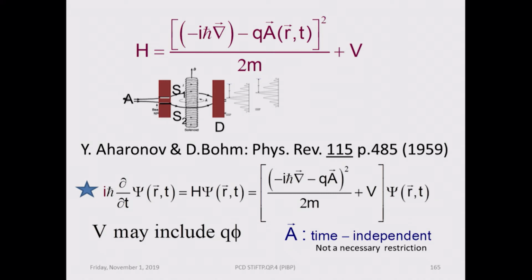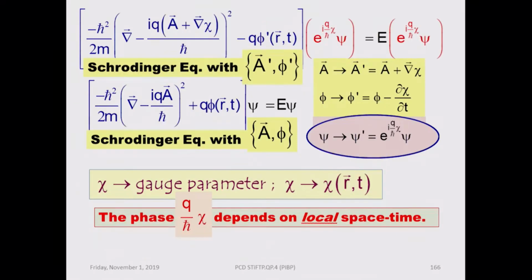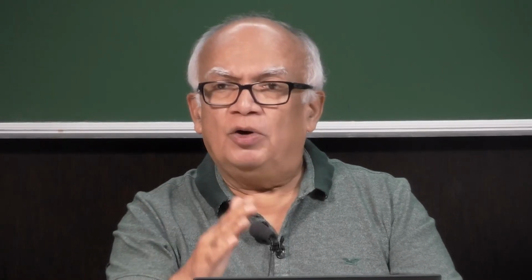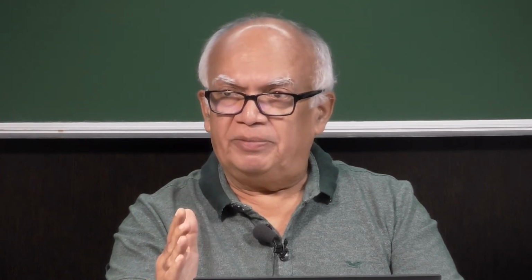You could begin with a vacuum, but if it is not vacuum, it does not really matter very much. It does not make any difference to this analysis. Now, you have two Schrodinger equations, one for the vector potential A prime and phi prime, and the other for the vector potential A and phi. And these two are related to each other through the gauge transformation, A going to A prime and phi going to phi prime.